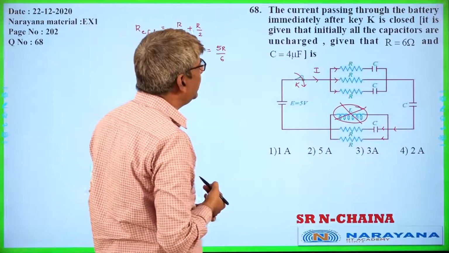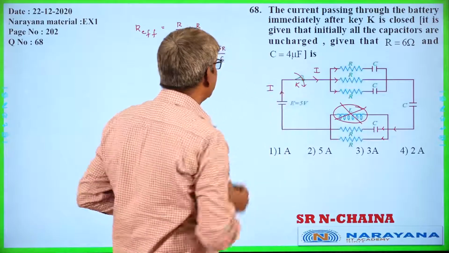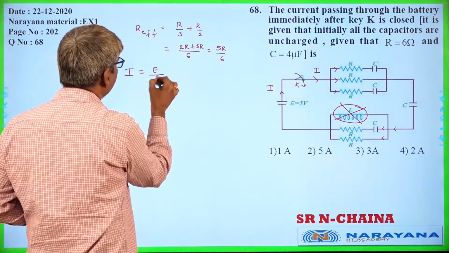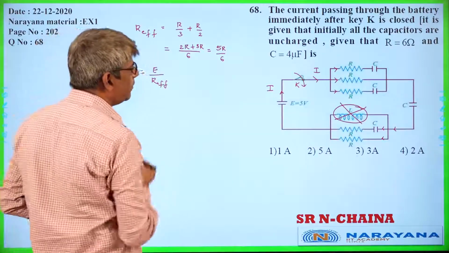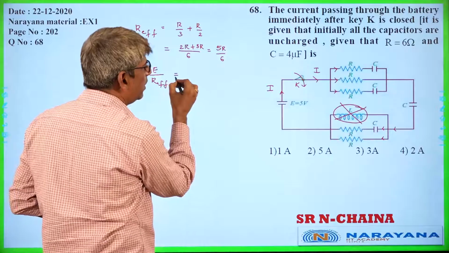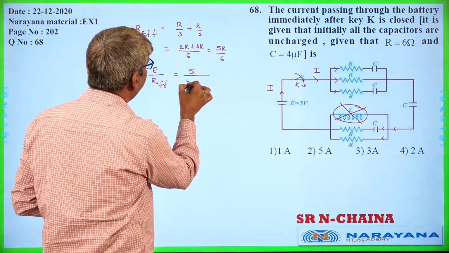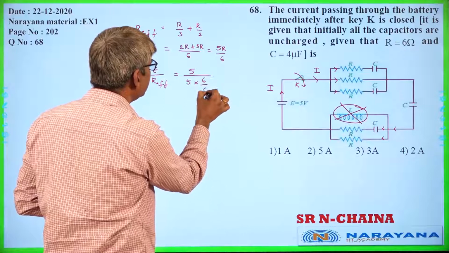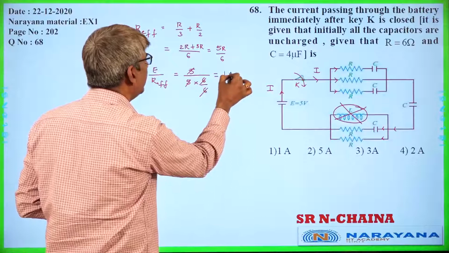Now he is asking to calculate what current is passing through the battery, this is I. So I is equal to E by R effective. What is the value of E given? I is equal to 5 by 5R by 6. R is also given as 6. So 6, 5R by 6, these two get cancelled out, which is equal to 1 ampere.